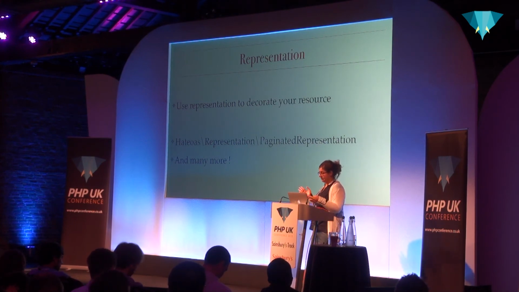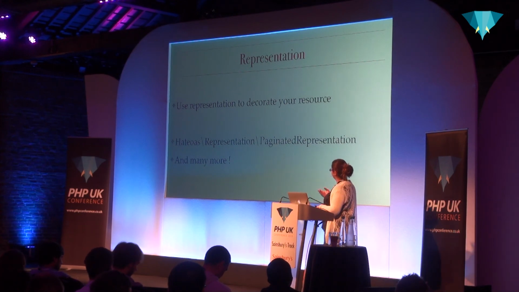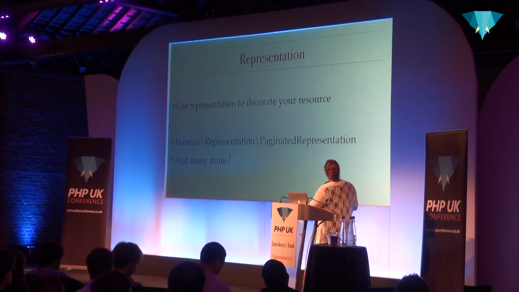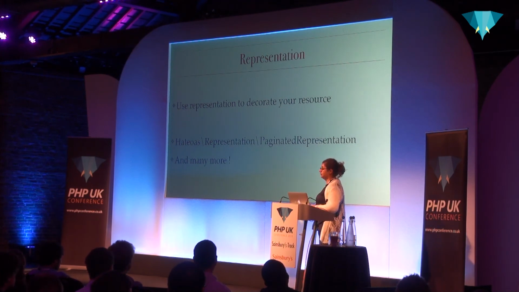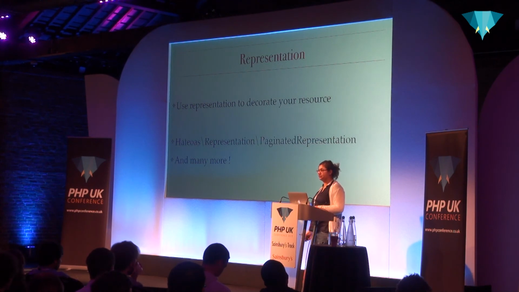And yeah, you may know that in the bundle, there are already some classes to help you with that. Here I put the example with the pagination. And of course, there are many more, so go check it out.